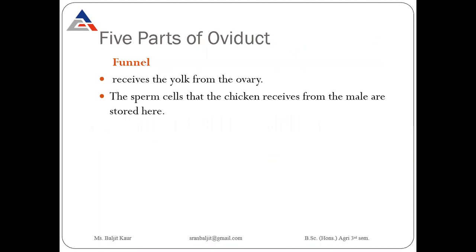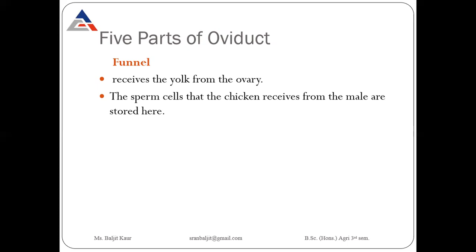The funnel is the part which receives yolk from the ovary. It is the first part, very near to the ovary, and it receives yolk from the ovary. This is also the part where sperm cells received from the male are stored.